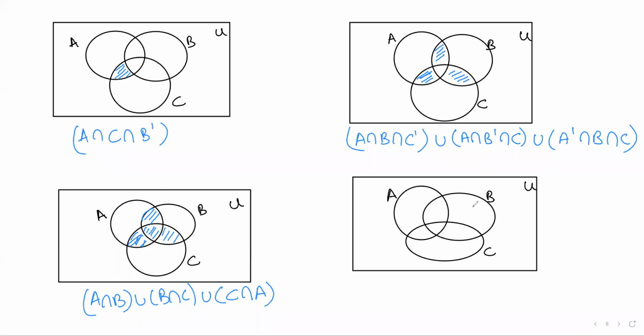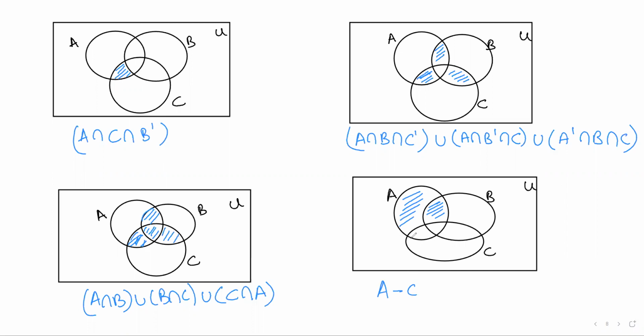So next is, let's consider if you want this region and this region. So now it becomes fairly simple. It is A and you're subtracting C from it. You don't care whether it's in B or not. B is irrelevant for us.